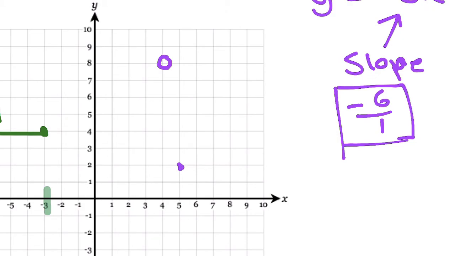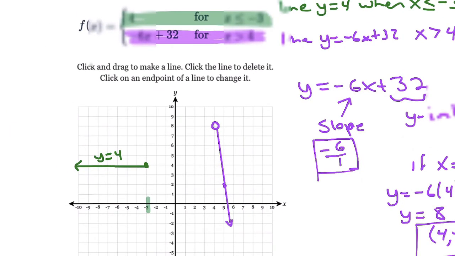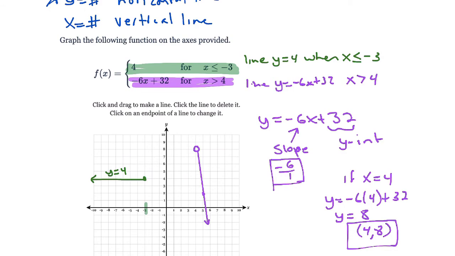So that's down 6. If you notice what I did to get that new point right here, I went down 6 over 1. Hopefully you remember that from our work earlier this year. That line right there is the line y equals negative 6x plus 32.